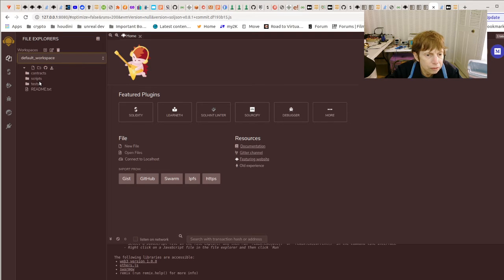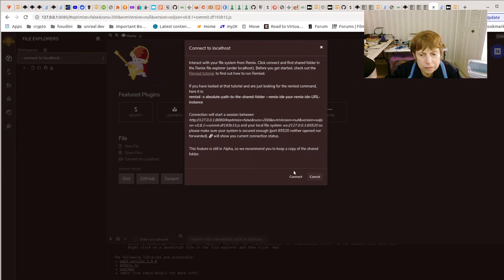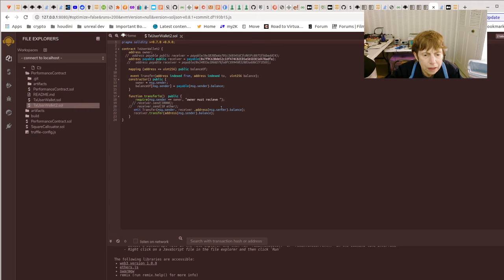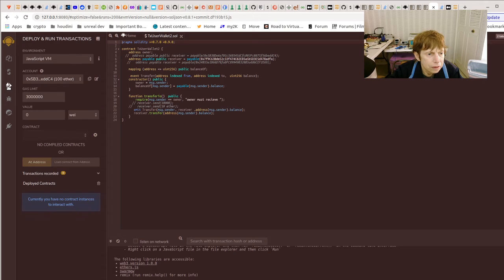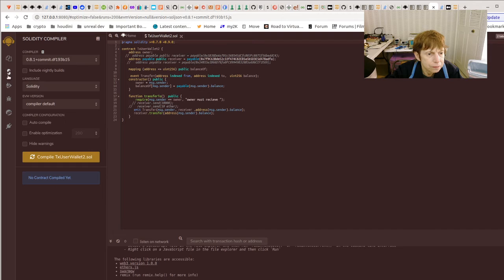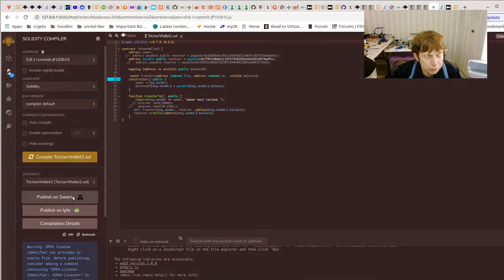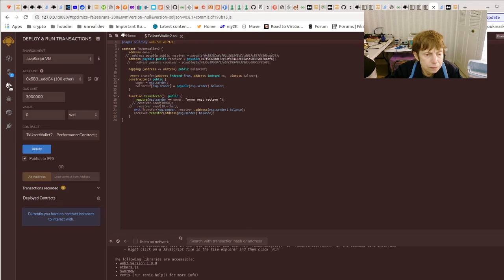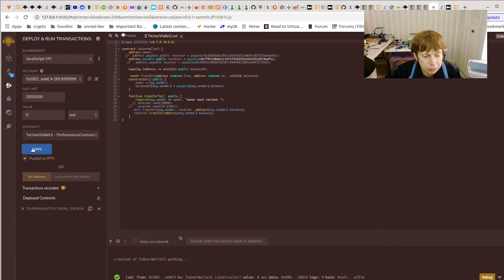So connect to localhost, and let's see what we got, because this is interesting, because this had been working. So we compile it, we publish, and we deploy it.